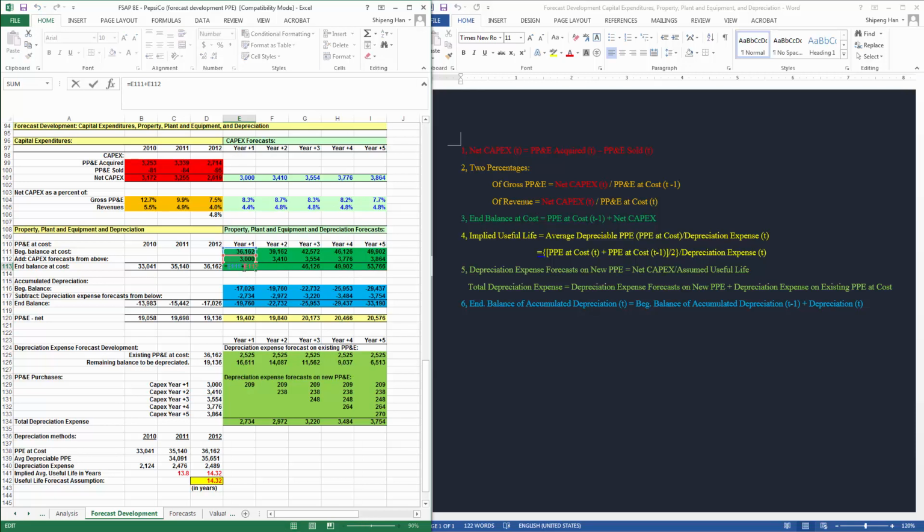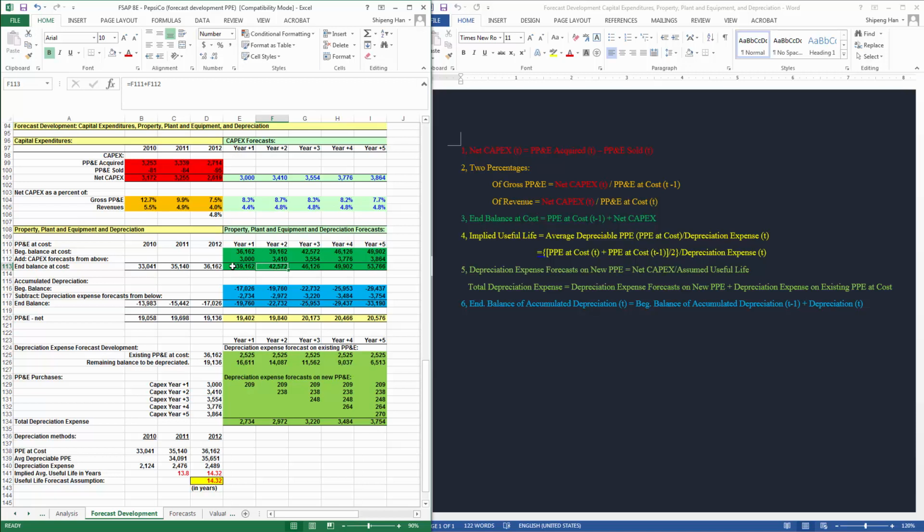Right. So if you click this cell, you can see the formula is the total of these two numbers, and this one, the blue one, represents the balance of the prior year. This one is actually the increase, or net capital expenditure, in year plus 1. Okay, so all of these are the same, right? So the ending balance of year plus 1 will be the beginning balance of year plus 2. Then we add the capital expenditures, we get the ending balance of year plus 2, right? So we keep doing this for the next 5 years.